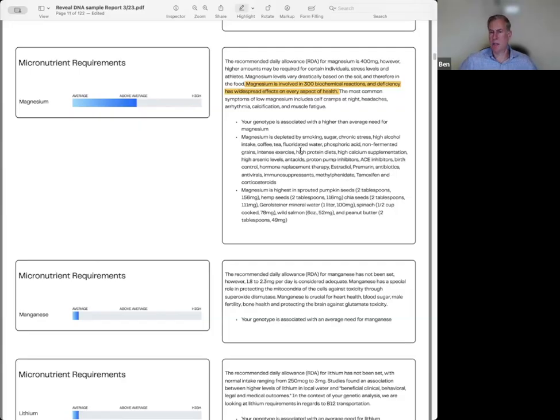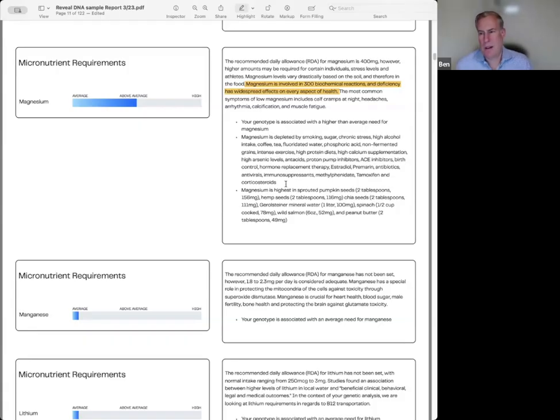Now, how many of your patients either smoke or consume sugar or have chronic stress or have a high alcohol intake or drink coffee or tea or consume fluoridated water or phosphoric acid in soda or consume non-fermented grain, fine grains, engage in intense exercise, have high protein diets, have high calcium supplementation, or maybe they have high arsenic levels or antacids or proton pump inhibitors, Prilosec, or ACE inhibitors for their heart, or birth control pill, or hormone replacement therapy, or estradiol, or Premarin, or antibiotics, or antivirals, or immunosuppressants, or methylphenidate, or tamoxifen, or maybe they have corticosteroids like cortisone.